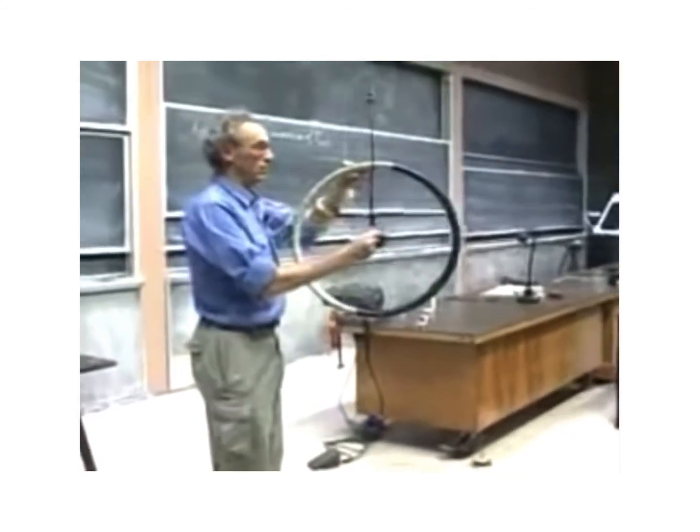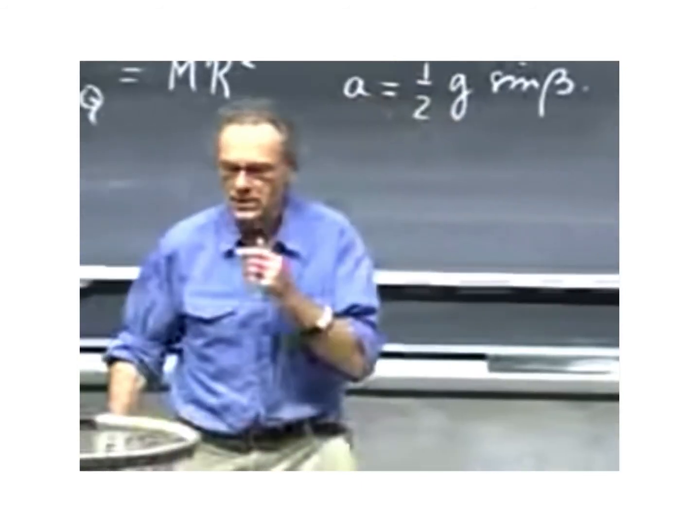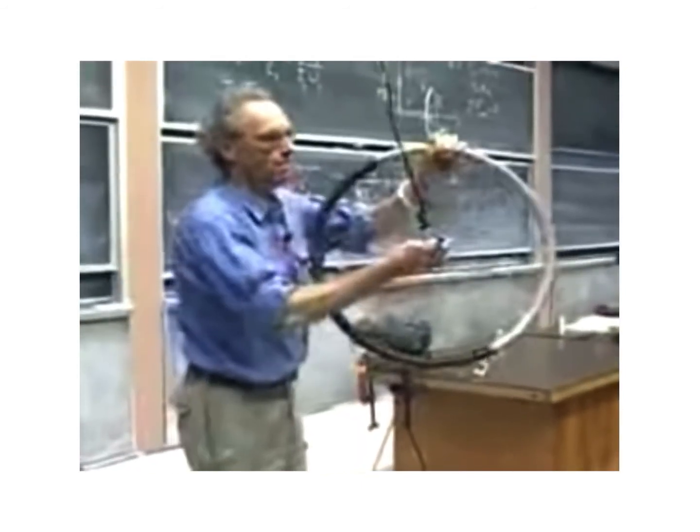And I let it go. Well, we all know what will happen. Clunk. It's clear. All right. But now I'm going to spin it before I let it go. Where's the wheel? The wheel is here. So we'll spin it up, and then we'll put it in here.